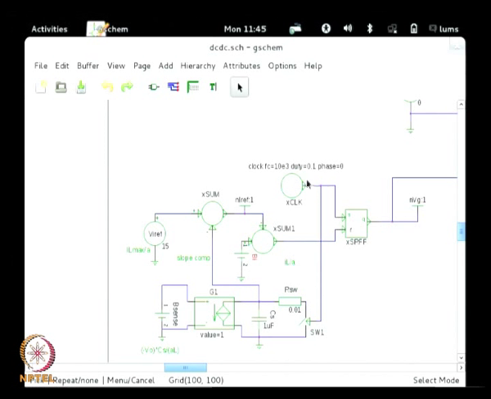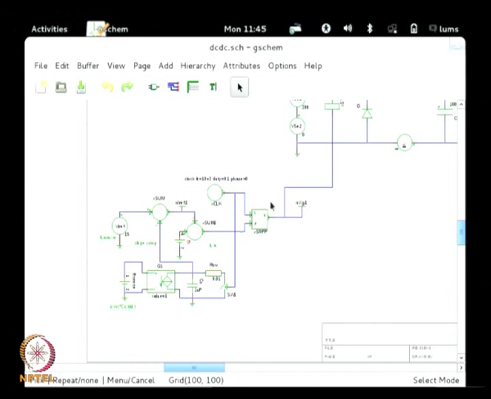And every time the clock sets this SR flip flop, it also switches on this switch which will discharge the capacitance, so that you get a sawtooth, an inverted sawtooth kind of a thing. So, this is the slope compensated reference, and that is used for comparison with the measured inductor waveform.